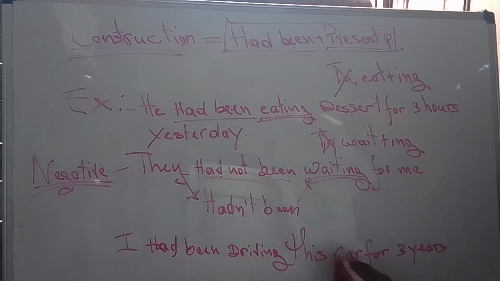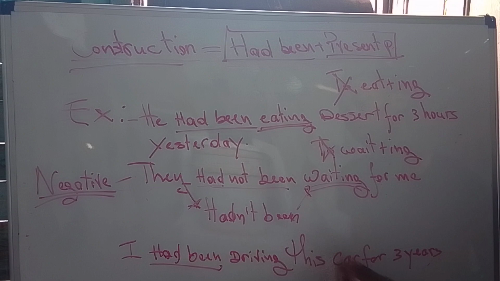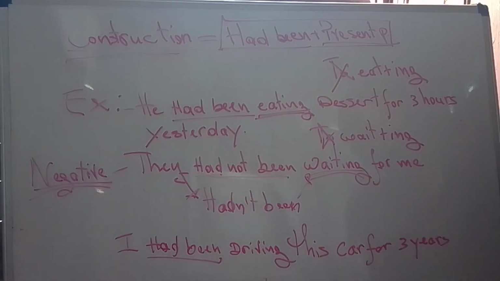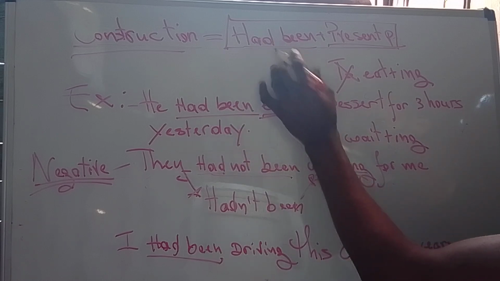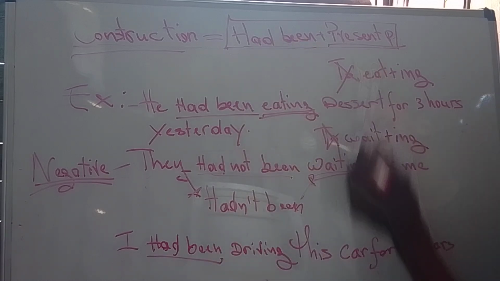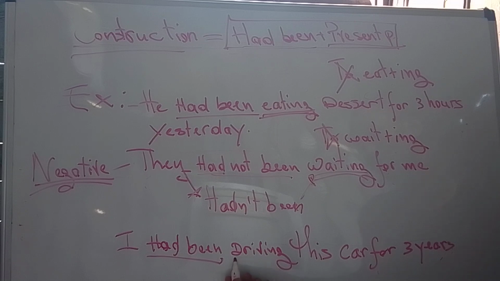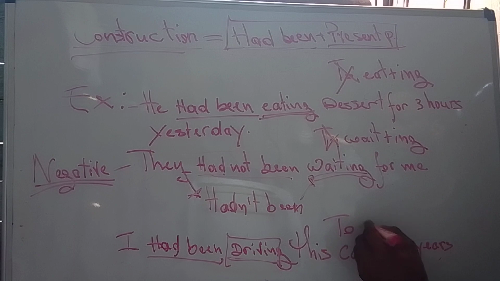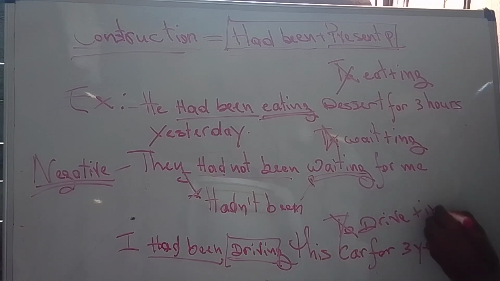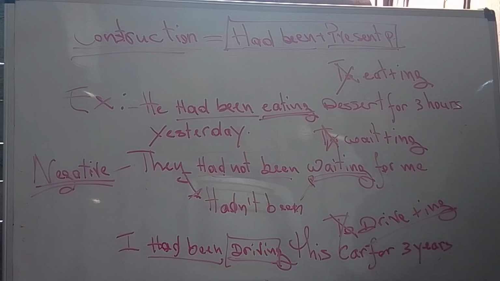Had been right here, this is the past, the had been. Do you see right here? And this is the present participle, the present participle of the verb to drive. To drive is the base form and I put an ing right here. Okay? It is really important, guys.